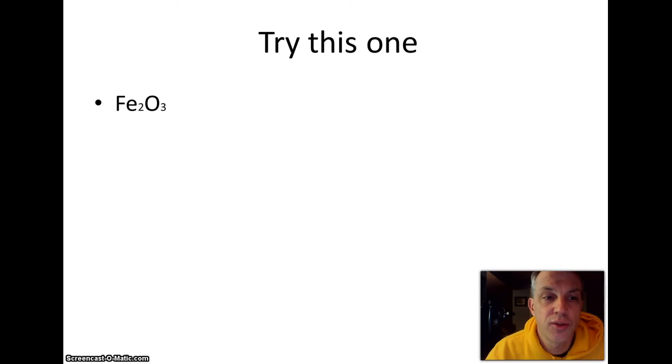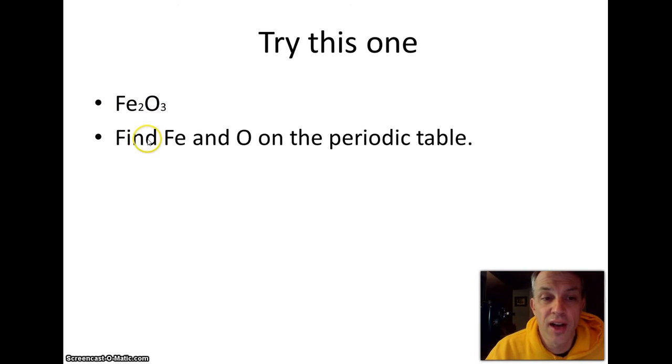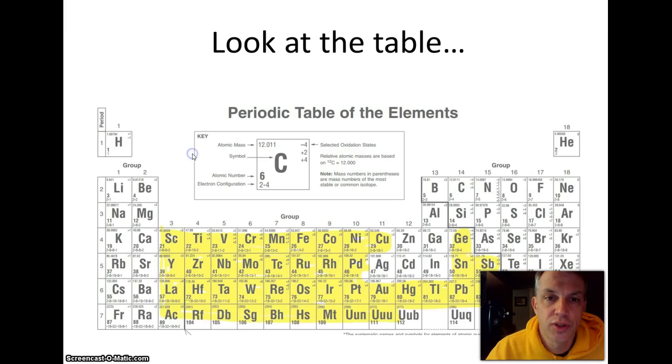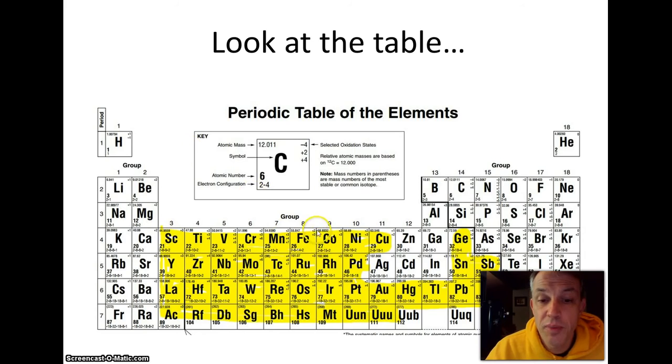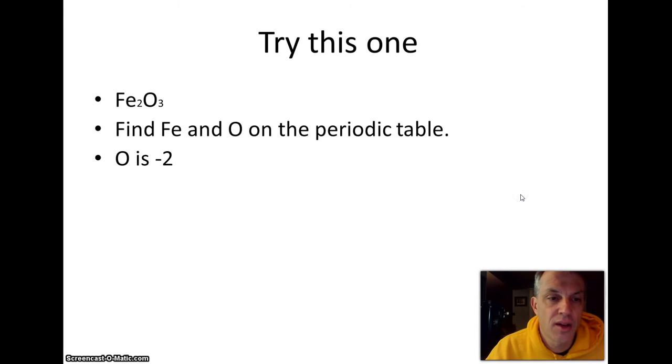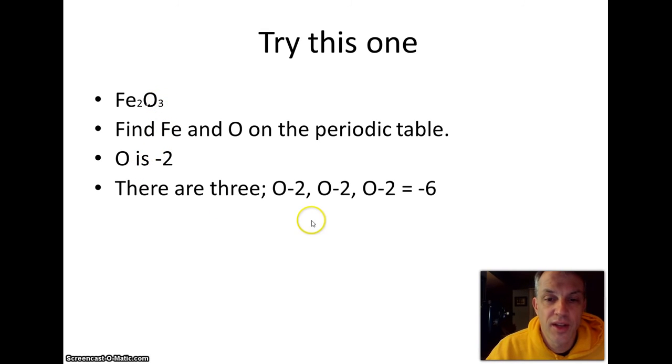Okay, so here's an example. Let's do Fe2O3. If we write that out, we'll find iron and oxygen on the periodic table. And when we do that, lo and behold, iron could be +2 or +3. It lives in the middle. It's a transition metal. We know we're going to need a Roman numeral. Oxygen is always -2. I have 3 of those. 3 oxygens are going to add up to -6.